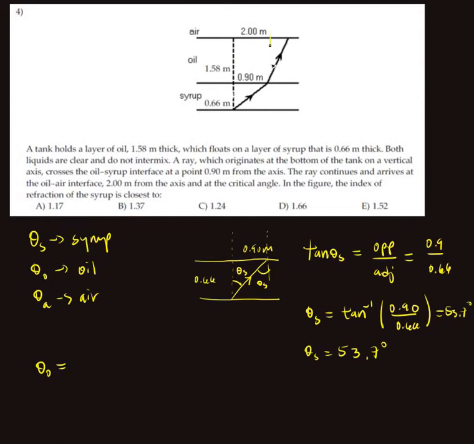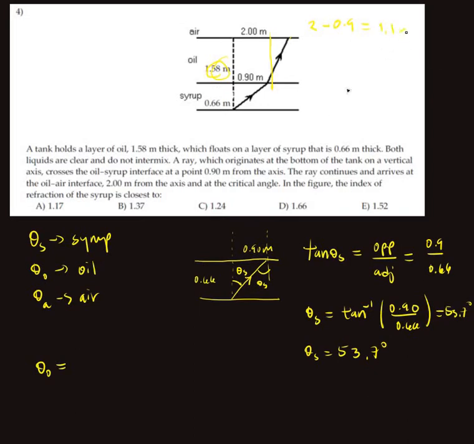We have the height here, which is 1.58, right? And from here to where the ray intersects here is 2 meters, but we know that from here to here is 0.90. So then we have 2 minus 0.9. That's the distance that we're going to use here. 1.1 meters.